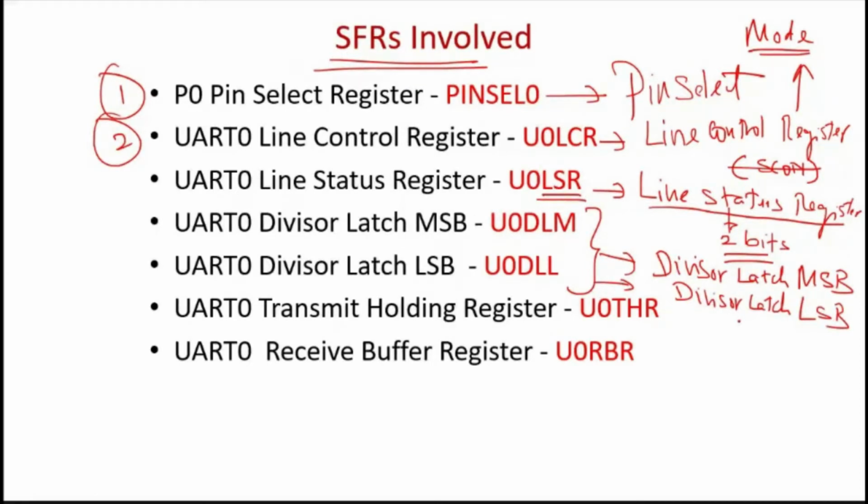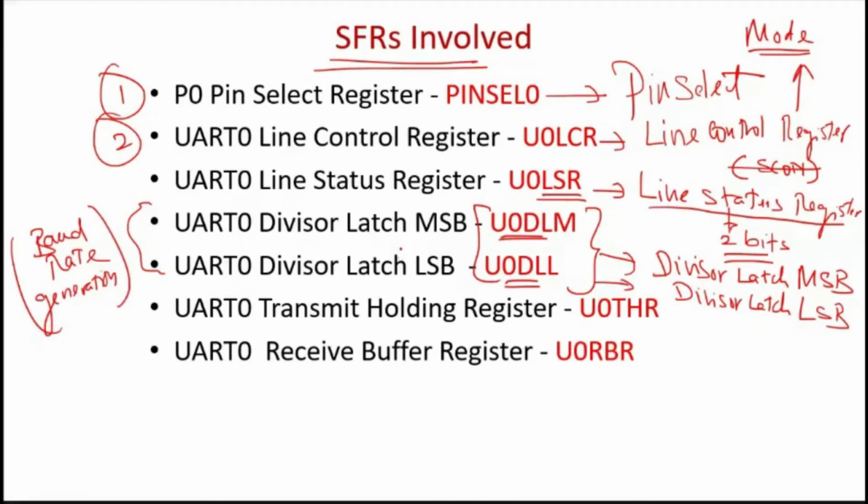So divisor latch MSB, divisor latch LSB. These two fellows are 8-bit SFRs. They are used for baud rate generation. So you will see how to generate baud rate in LPC 2148. It is very easy.